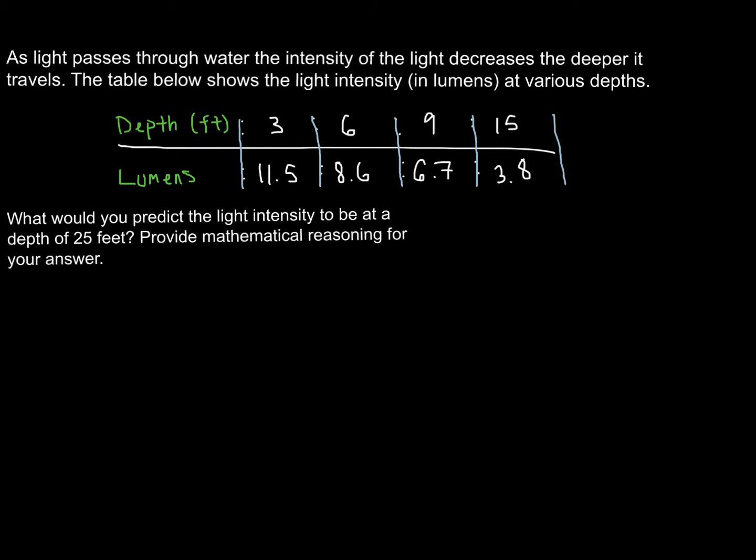The way that we can do that is by finding the average rates of change and seeing what this pattern is actually doing. From that point on, we can then build a function that could model this data and use that function to predict the light intensity at a depth of 25 feet. So go ahead and give this a try, finish it out. I will have a solution posted in a few seconds, and then we'll move on.